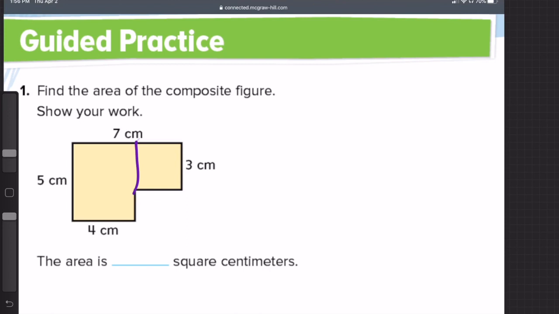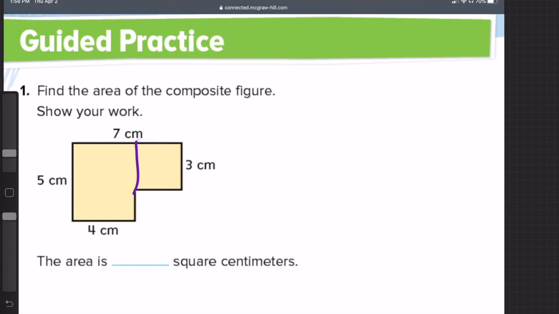The problem with this little rectangle right here is that I only know one side. I only know the 3 centimeter side, but I don't know what the top or the bottom is. And I can't find the area if I only know one side. So how do we do that?